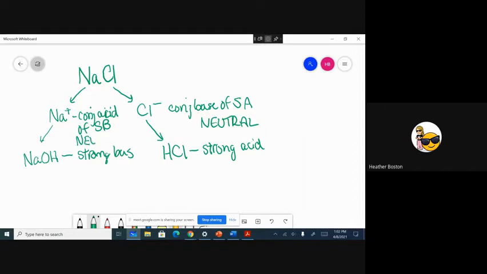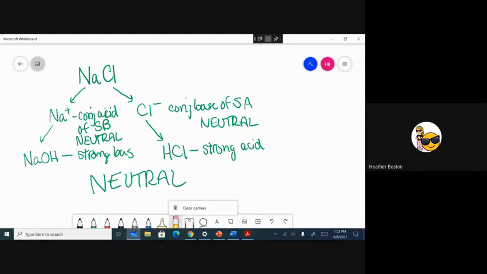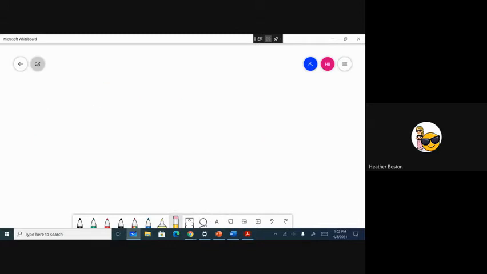So when you have a neutral cation and a neutral anion, the salt is considered neutral. So we can make a list. Any cation from group 1 and 2 or any anion that comes from a strong acid are going to be considered neutral.